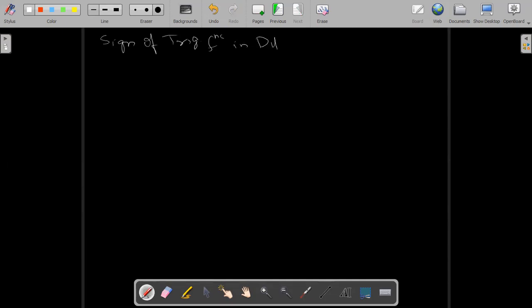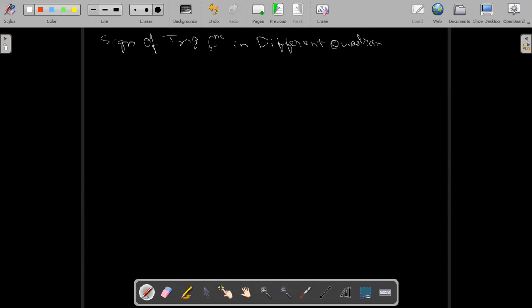This always you have to remember, forever you have to remember, because it will be used in any class, anywhere to find the value of the trigonometrical ratios in different quadrants.